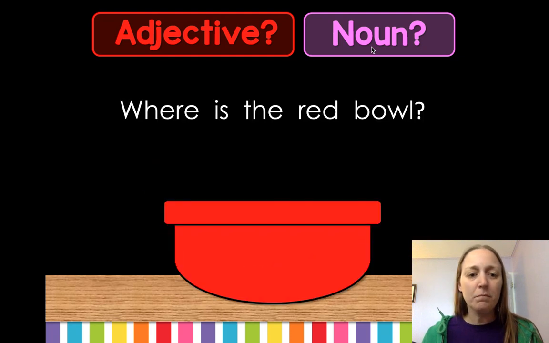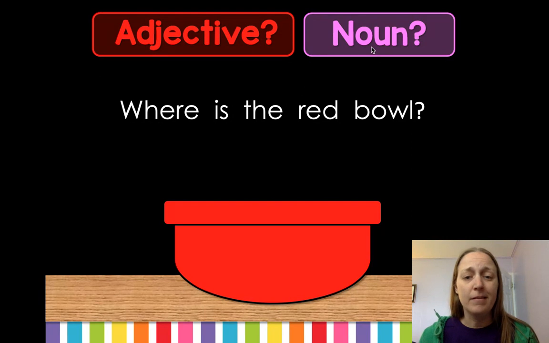So, where is the red bowl? So what would be our noun for this sentence? Hopefully you said bowl. And what is our adjective for this sentence? What kind of a bowl is it? Hopefully you said red.